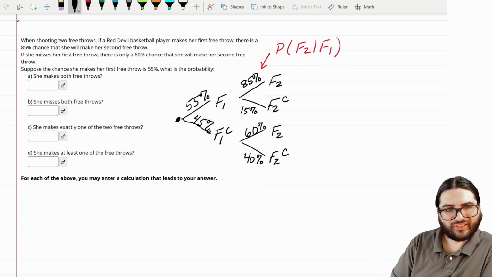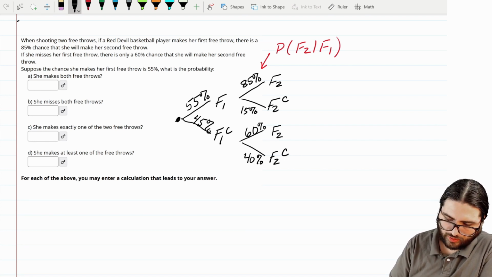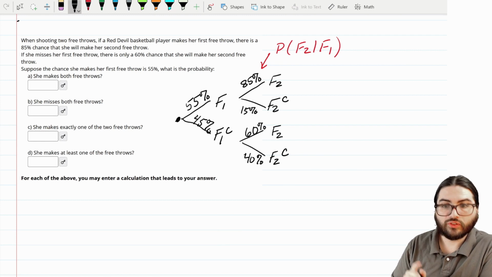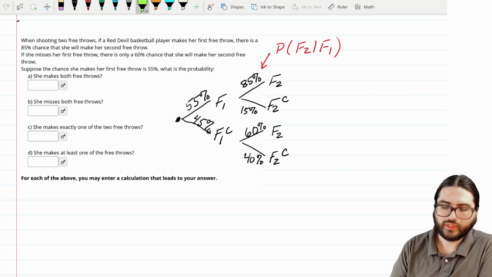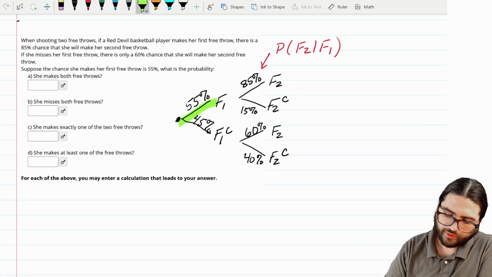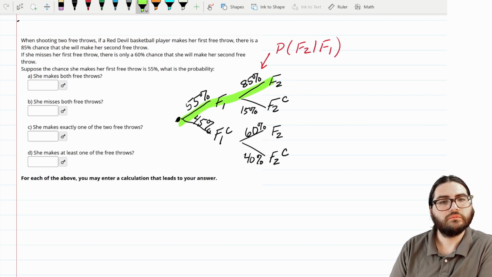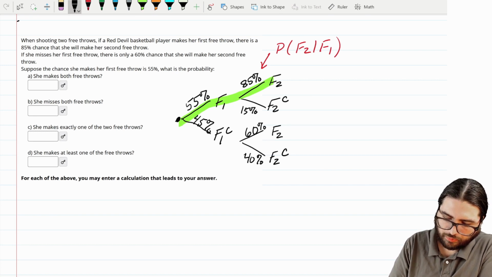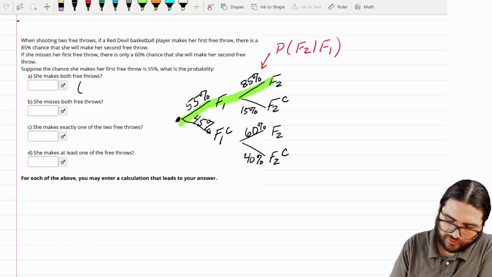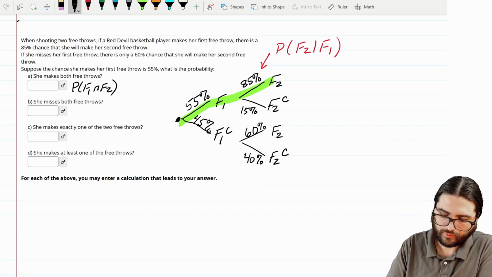Let's see what it's asking about. What is the probability that she makes both free throws? Looking at my tree, that is this path. Okay, that's this path. So let's multiply. The probability that she makes both free throws, that's F1 and F2 intersection, is 55%.